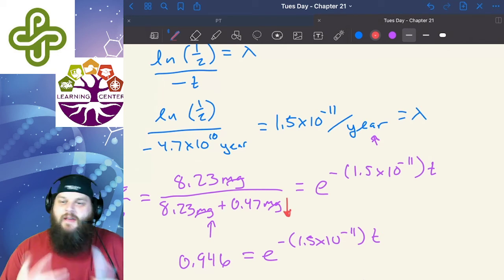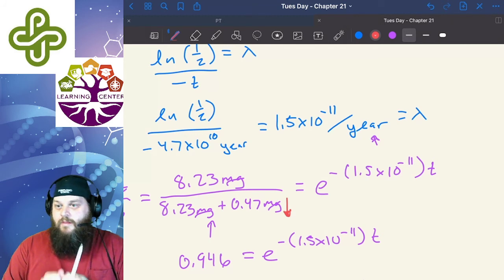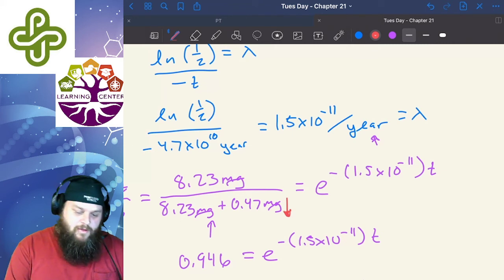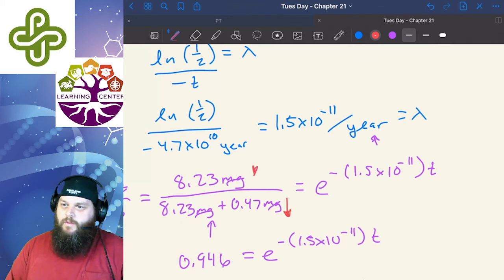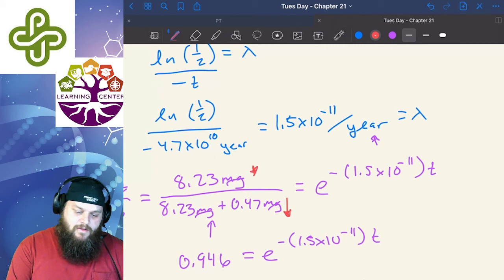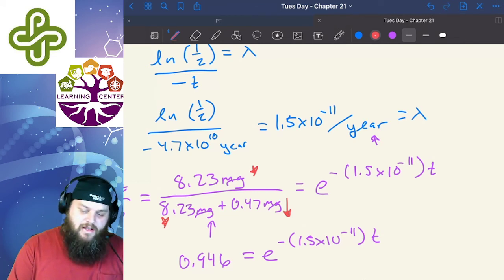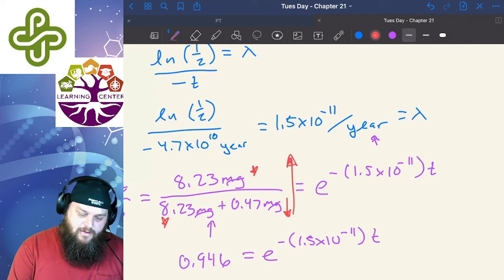We detected 0.47 milligrams of strontium in the rock, but some of that strontium was already there, which means it didn't come from our rubidium. This number on the top, that's how much rubidium we detect is still in there, so that stays the same. And really this number is going down. Since that's on the bottom of our fraction, that means this fraction as a whole is going to get larger.